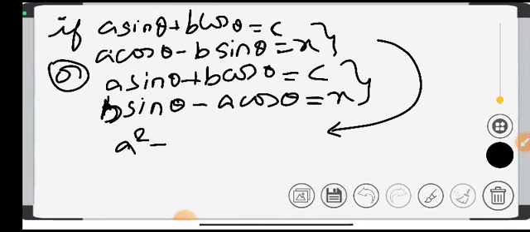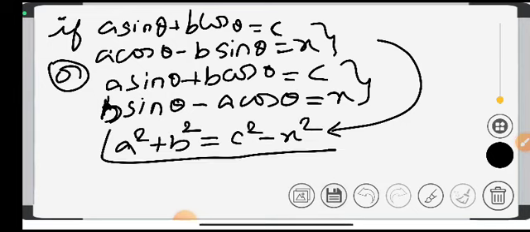That is a square plus b square is equal to c square plus x square. For both of the resultants, your resultant is here.